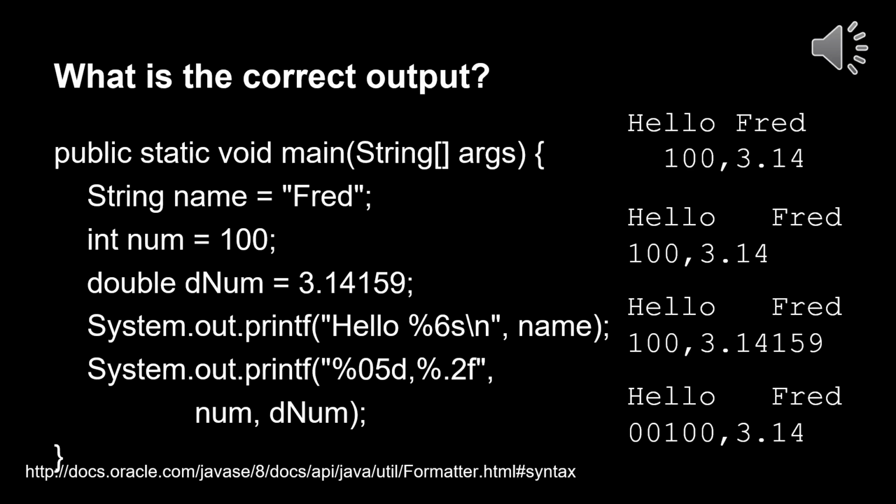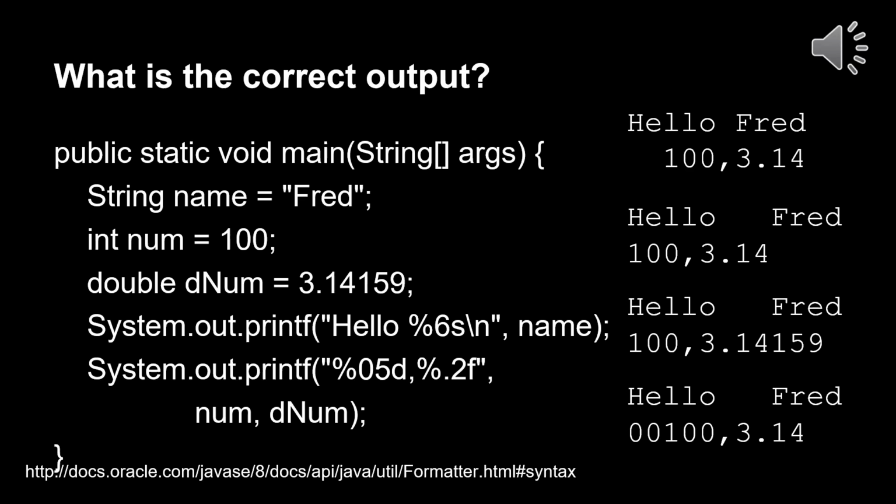So applying this, what is the correct output? In main, we've got a string named Fred, num 100, a double, pi again. We've got our two printf statements, and we show that we're literally printing out hello followed by a space. All four examples have that.